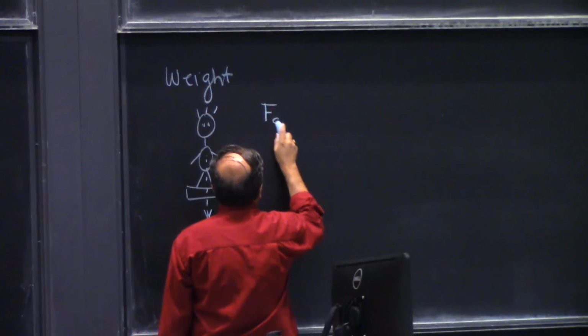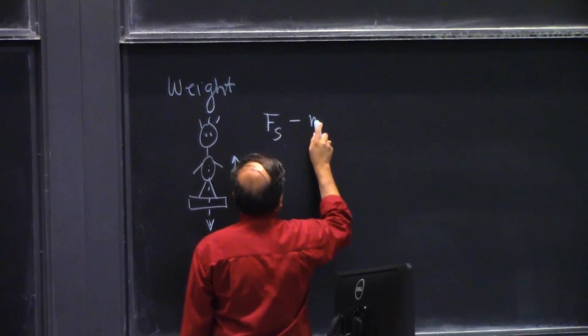So suppose you wake up in the morning pretty grumpy and sleepy, and you put yourself on the weighing scale. And then you figure out your weight. The weight you figure out is because you're pushing down on the weighing scale, and the weighing scale is giving you a normal force back. So therefore, in this case, you're presumably in equilibrium.